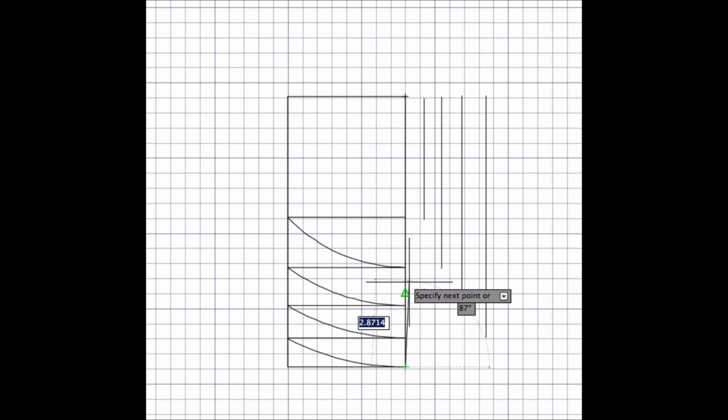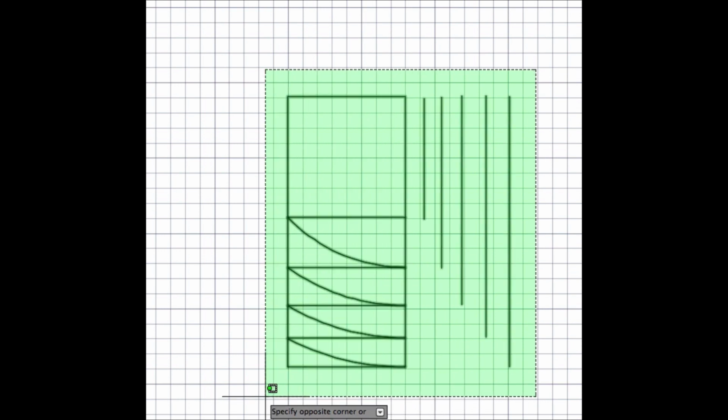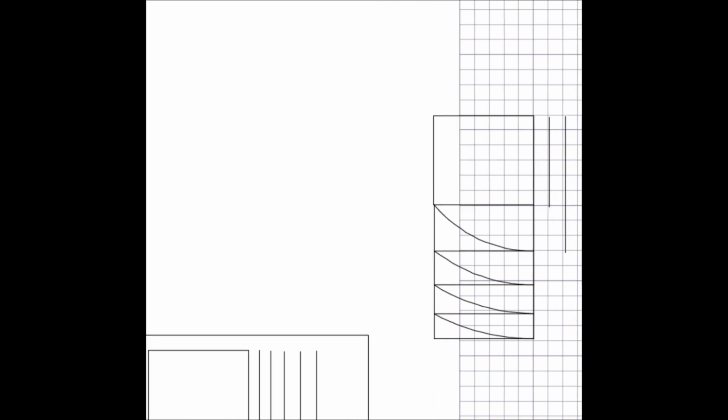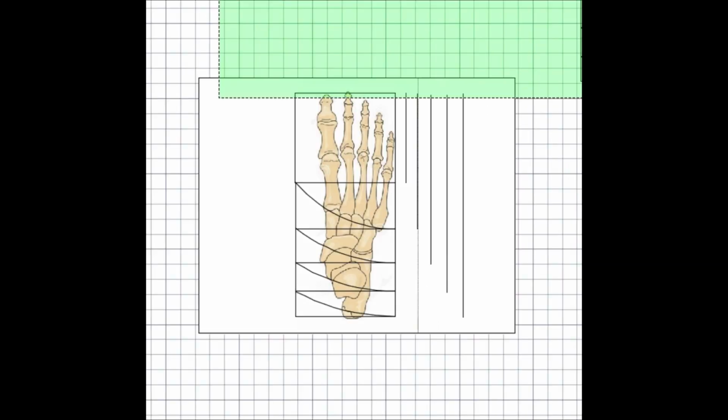Okay. We can apply that to the bones of the foot. So now we have a square, 2, 3, 4, and 5. Now we can see that same proportion in the bones of the foot.